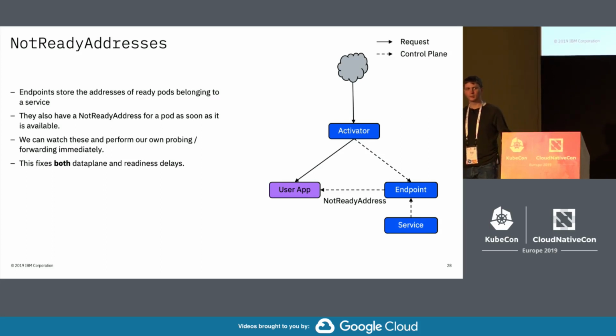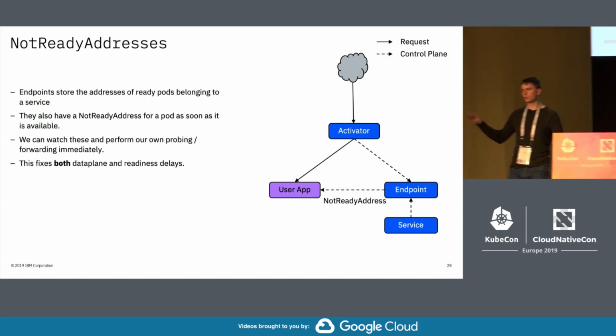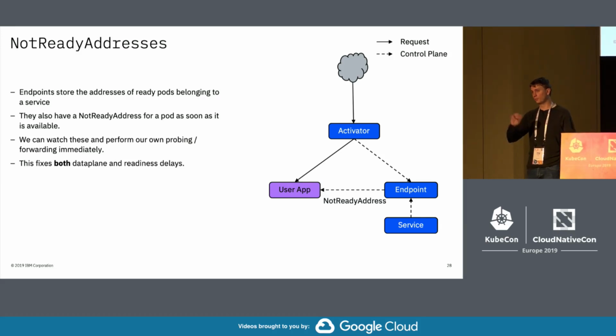So the idea is the autoscaler is still in control of how many pods are running. It's setting the replica count on the deployments. And what the activator is doing is there are sort of two phases of that lifecycle. The activator is watching for whether there are any ready addresses in addition to not ready addresses. If it sees one of those, it's going to go normally through the cluster IP because that should work.